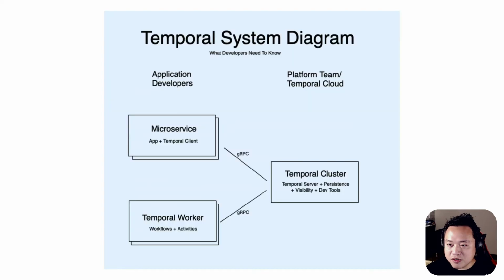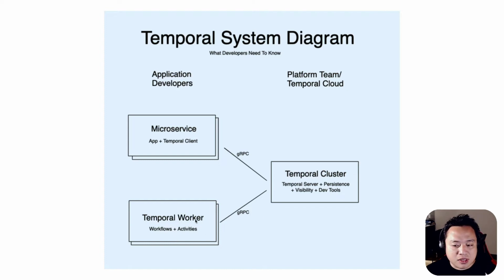So overall, if you tie together all the systems, it kind of looks like this. Your app is here, where it has a Temporal client embedded in it. It calls out using gRPC to the Temporal server or the Temporal cluster. The Temporal cluster's job is to persist all state changes, and then also assign work to workers that are listening on certain task queues.